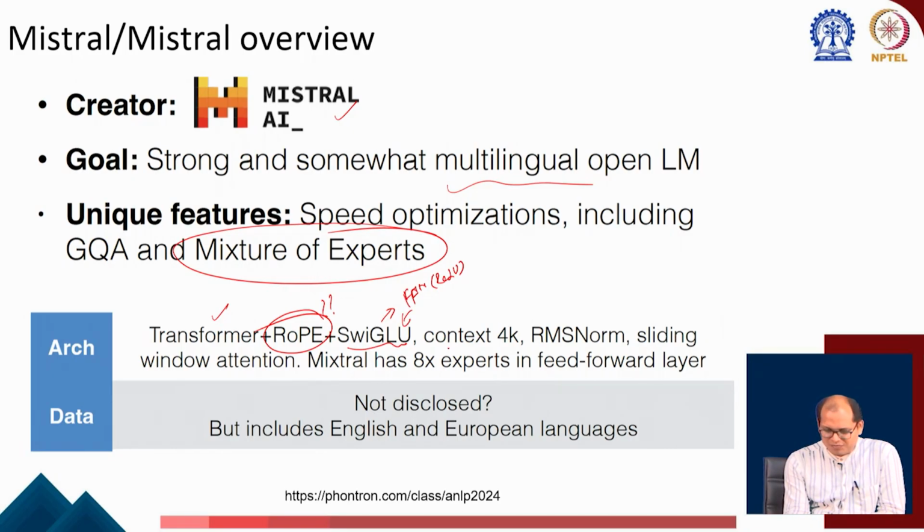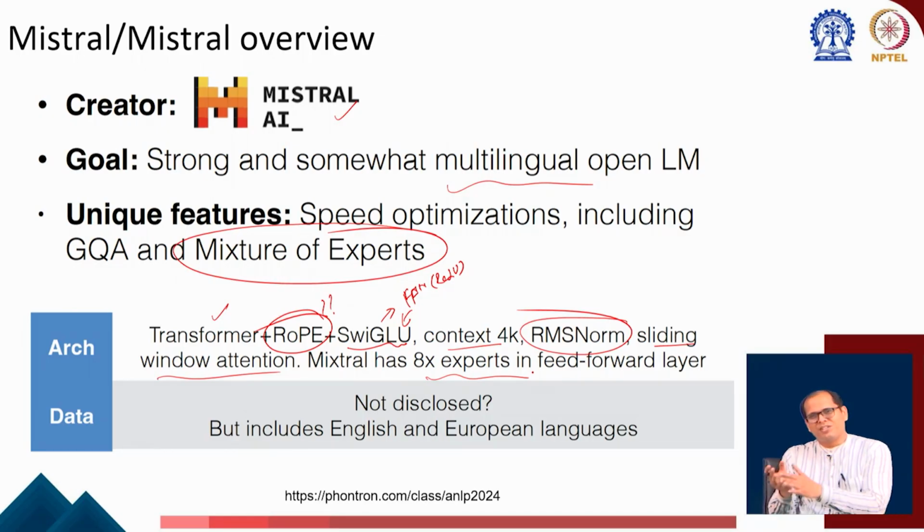And they go for a context of 4K, and they used a specific normalization called RMSNorm, not layer norm, right. And they have a sliding window attention. This we talked about, right. And they have mixture of experts in the feed forward layer. So, what you see here is that while you retain the original transformer architecture, you made a lot of variations over the years.